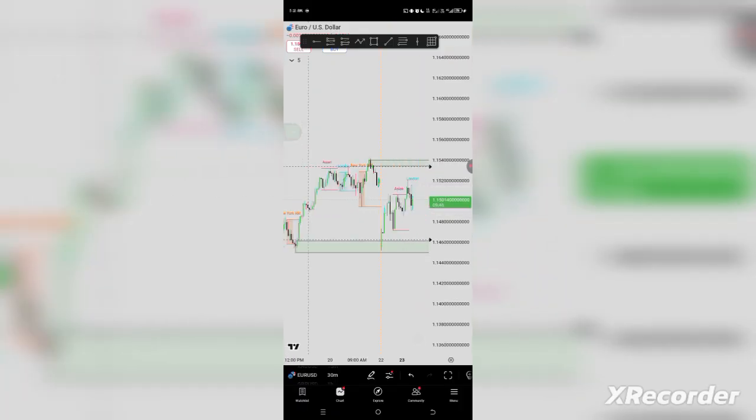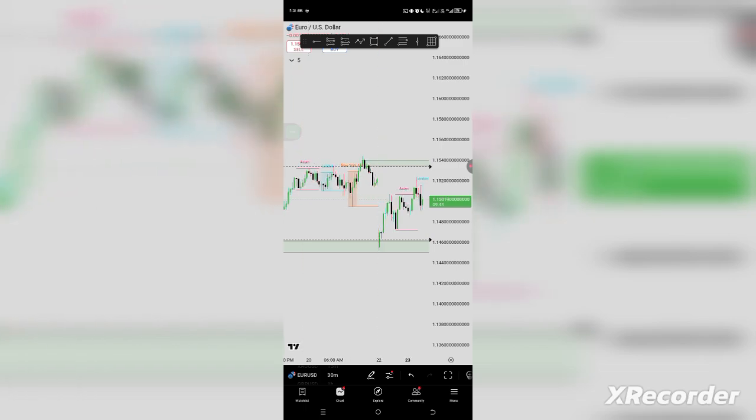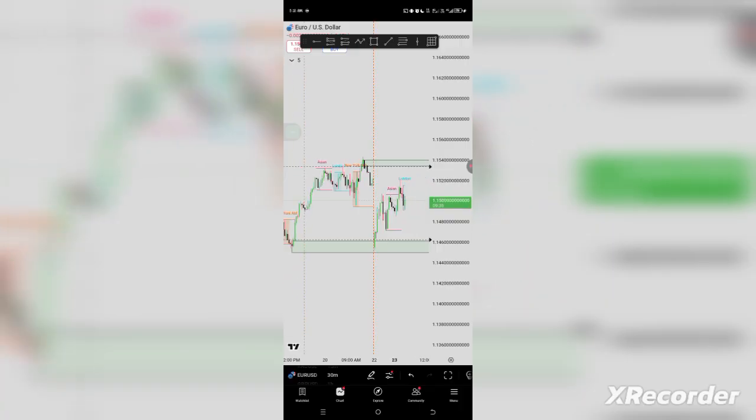price, funny enough, already tapped into it, but I do not trade Asian section. So that's why. Why? Because I'm in Nigeria, obviously. So during the Asian section, most of us have gone to bed, even though I sleep really late.